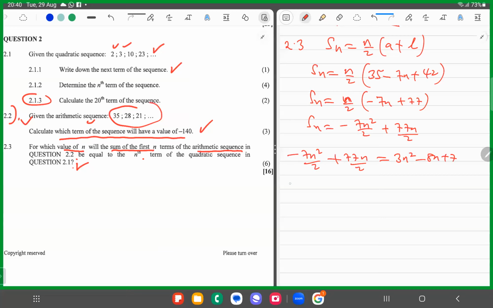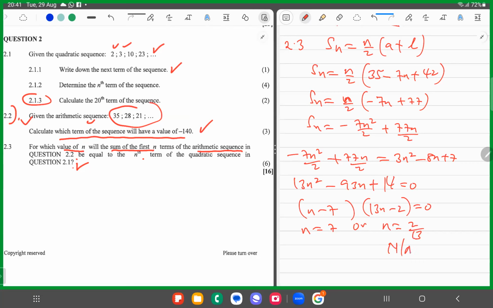Okay, you add everything here, and this is exactly 13n squared minus 93n plus 14 is equal to 0. So you have n minus 7, and then you have 13n minus 2, which means n equals 7 or n equals 2 over 13. Okay, so this is not applicable.